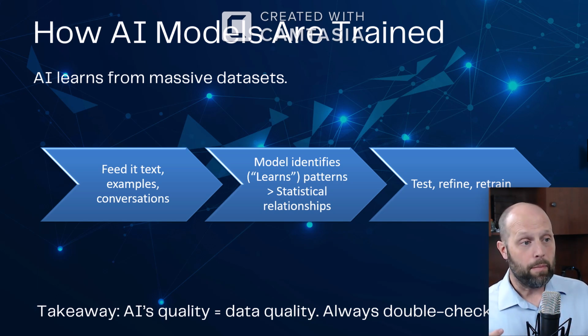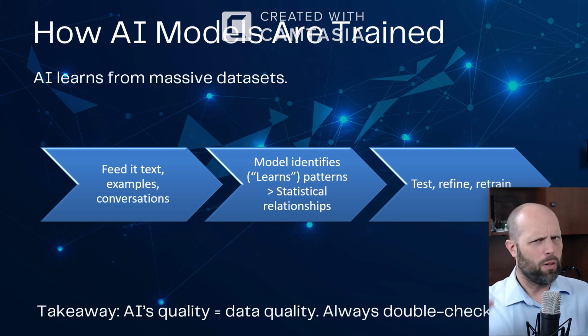The model then identifies, or I'm going to air quote, learns these patterns, which leads it to build statistical relationships. And in these statistical relationships and binary ifs and thens, computers are incredibly adept at learning those things and synthesizing them really quickly.